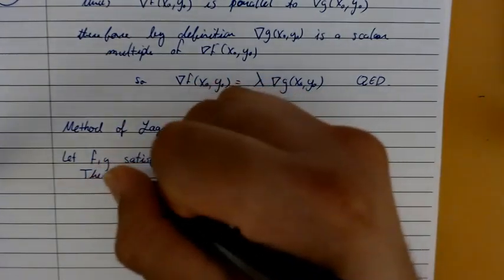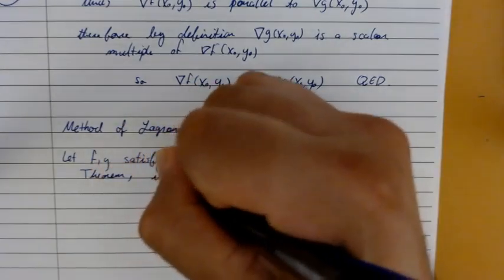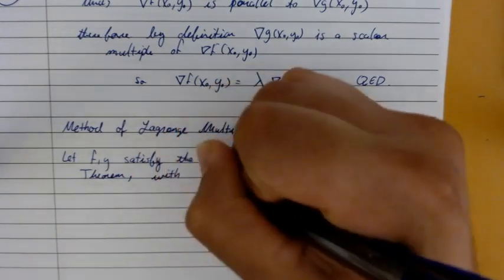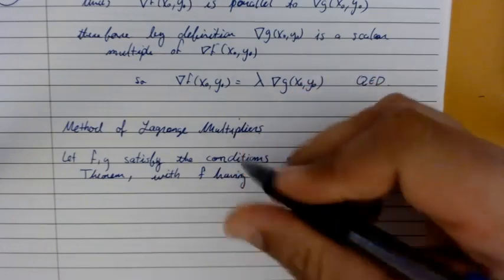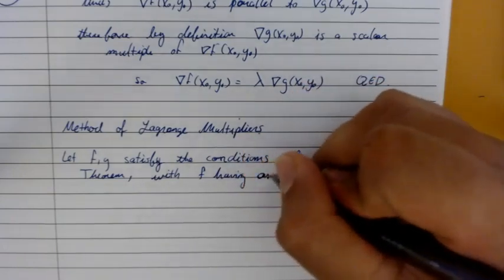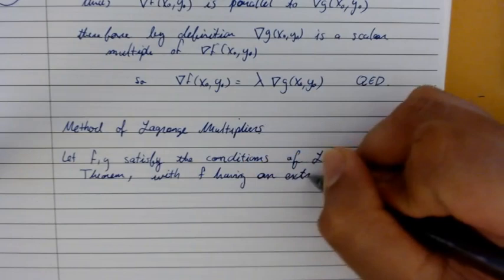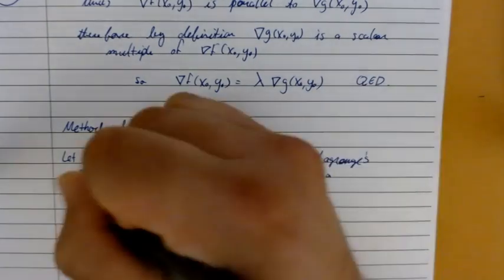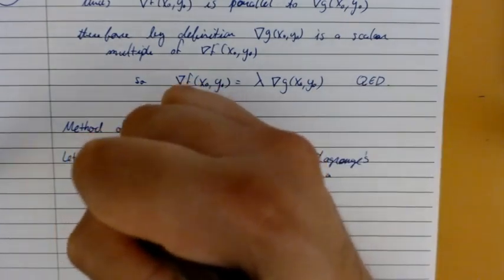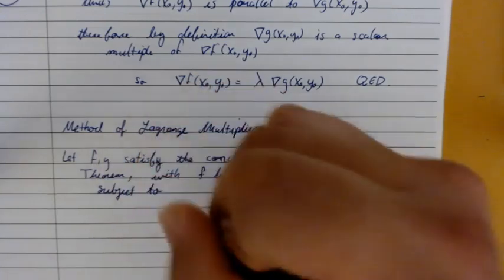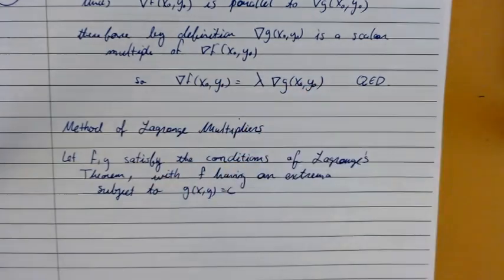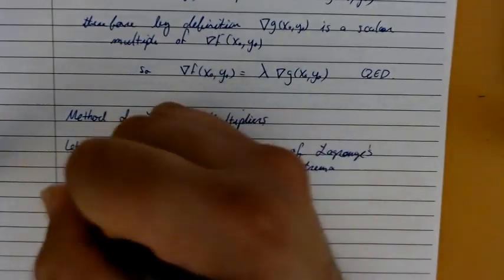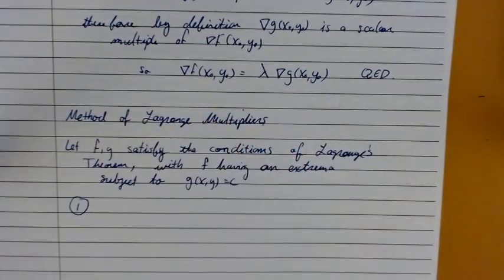Okay. With f having an extrema subject to some level curve of g of x comma y equals c. Then there are two steps.